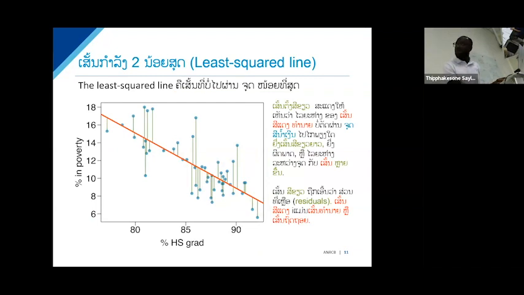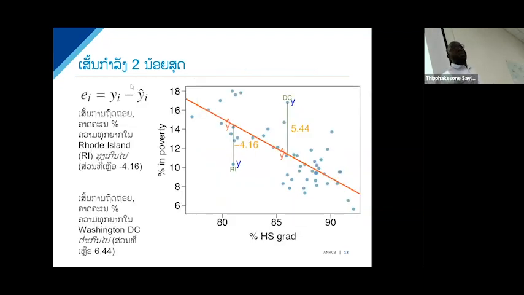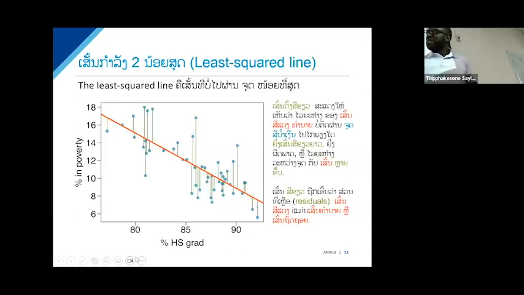So then the idea we're going to use to find the best line is the idea of least squares. So what does it mean? Well, since we have a bunch of data, we think there's a linear relationship between our exposure X or covariate X and a response Y. And we know that there's no line we can find that will go through every single point.